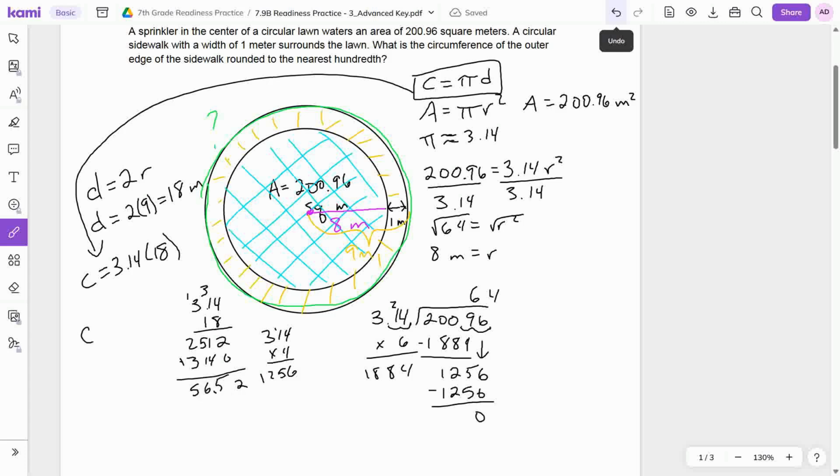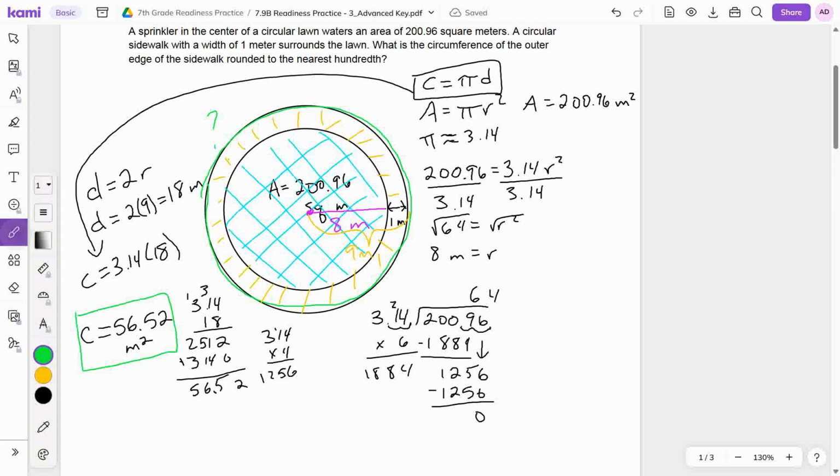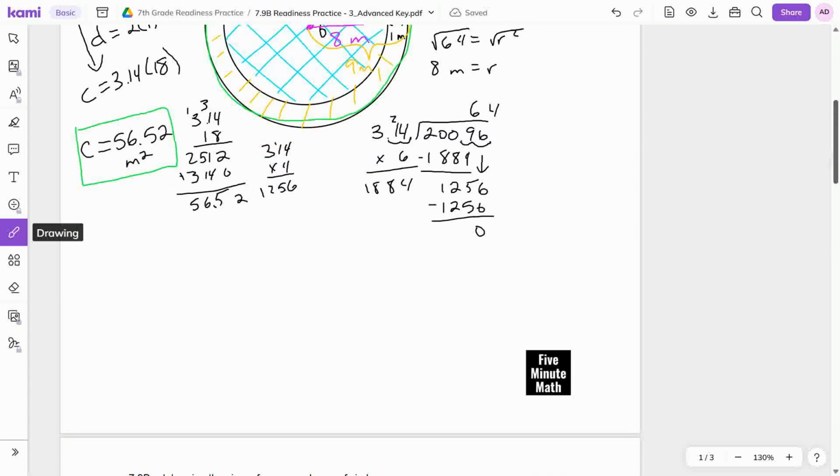All right, so our circumference is approximately 56 and 52 hundredths square meters. And that is our answer. Let's put this in green. All right. So we are done with that and this circular sidewalk.